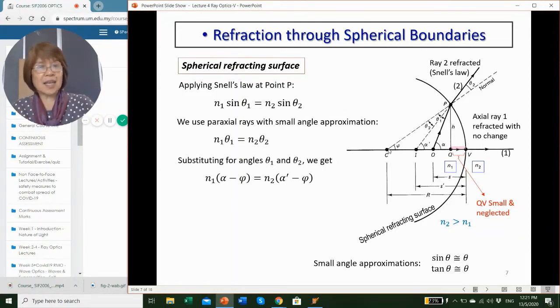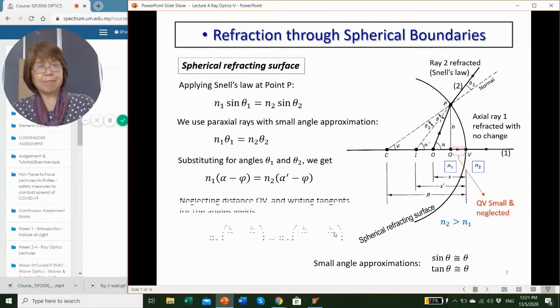With these angles defined, you'll find that θ1 equals alpha minus phi, because the external angle is equal to the sum of the two opposite internal angles. And for θ2, we look at this triangle. So θ2 will be alpha prime minus phi.